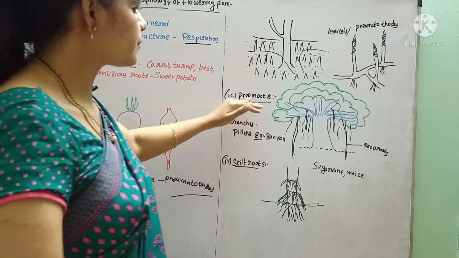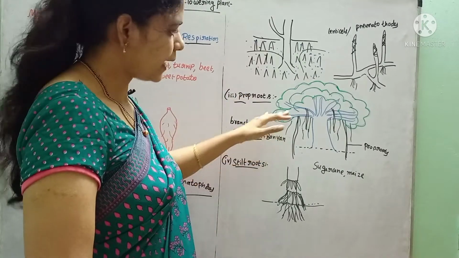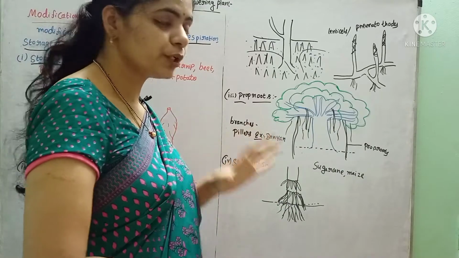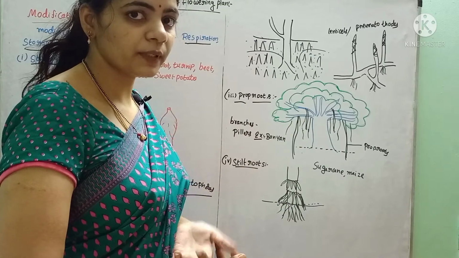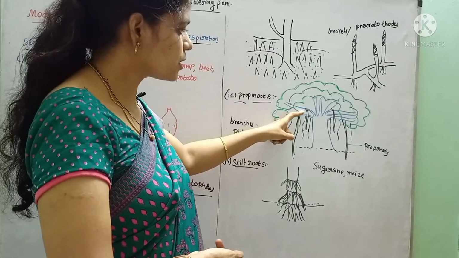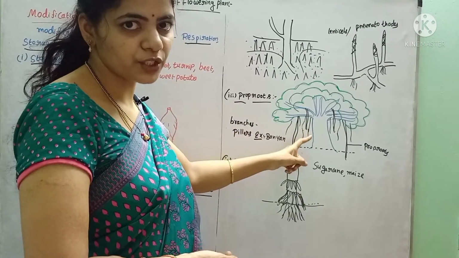And prop roots. These prop roots will be seen in the banyan. Actually, the banyan tree is a huge tree. So to support such a huge tree, the tree needs additional support. For that, the main branches develop a special type of adventitious roots.